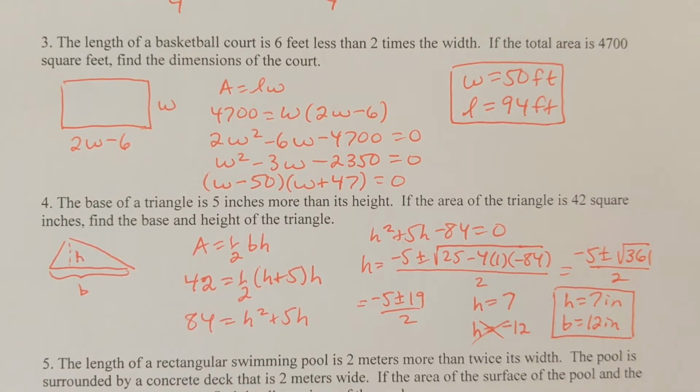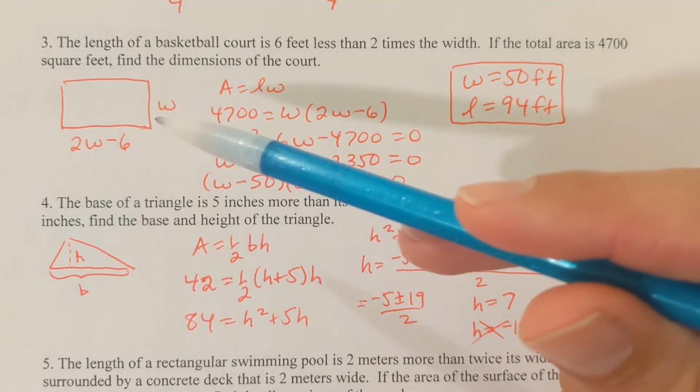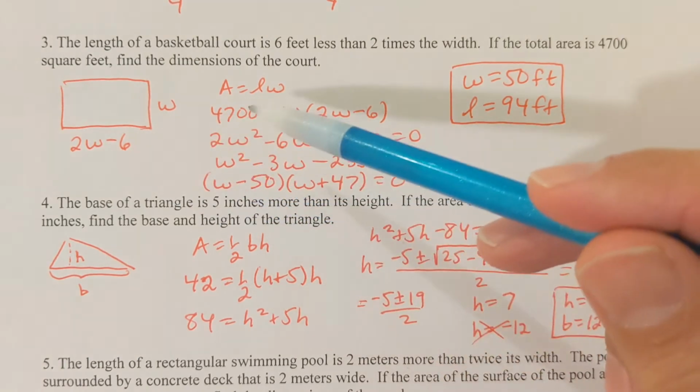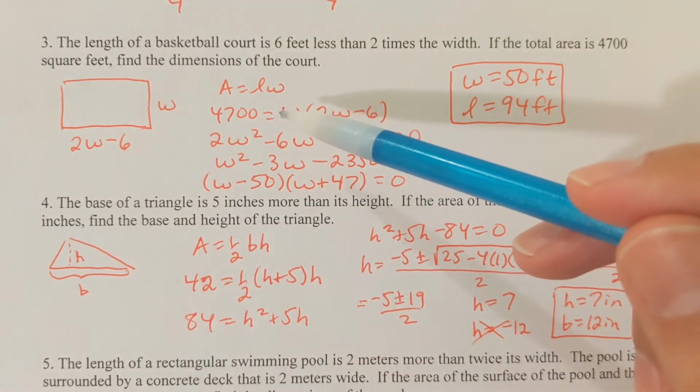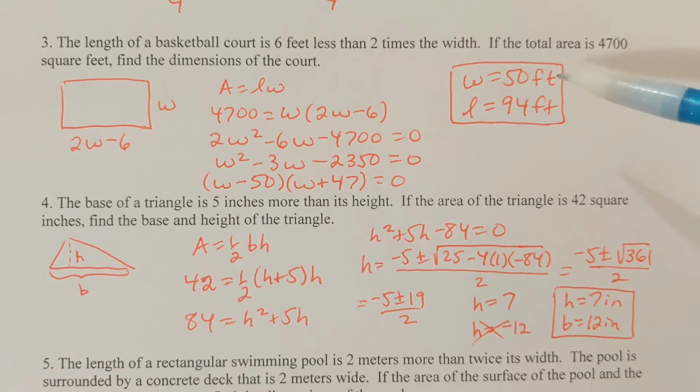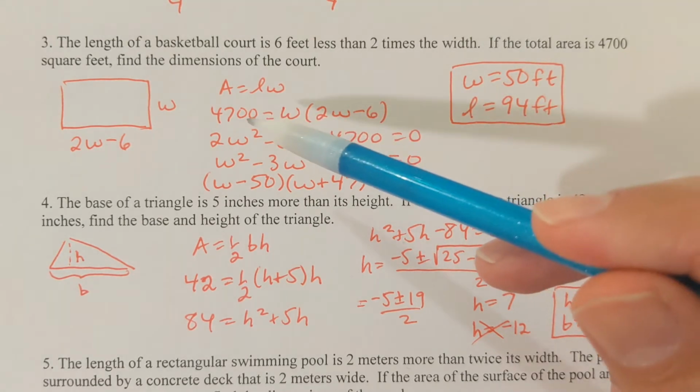Problem 3, the length of a basketball court is 6 feet less than 2 times the width. If the total area is 4,700 square feet, find the dimensions of the court. Okay, so I drew a basketball court. The length and the width, the area is 4,700 feet.